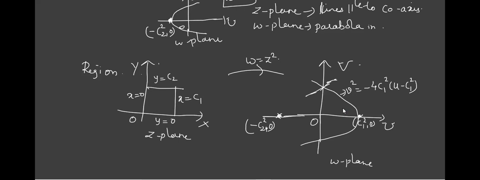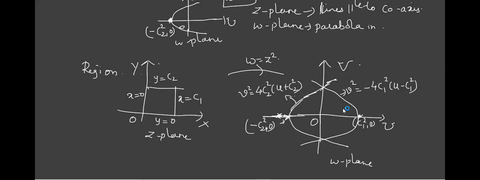Actually, they intersect here, geometrically, if you draw with all values. This is the point. The equation of this is V square equal to 4C2 square into bracket U plus C2 square.